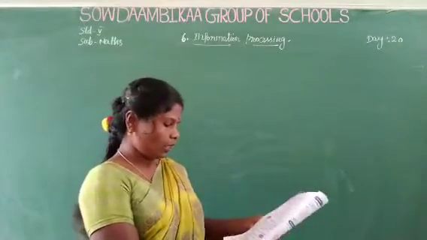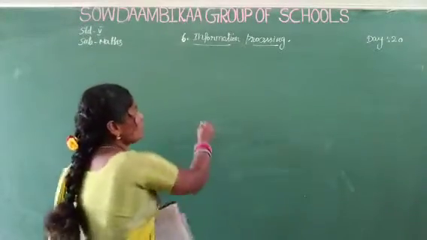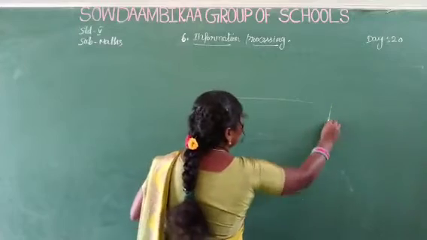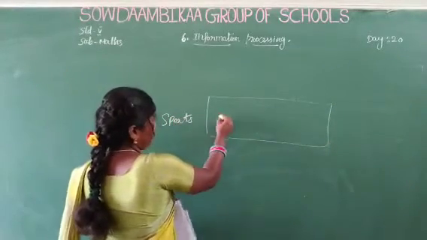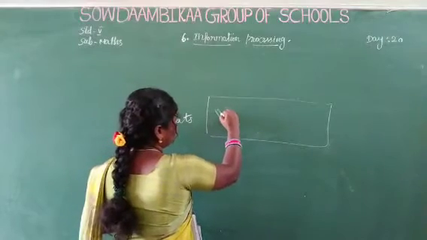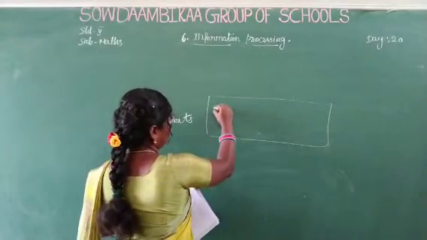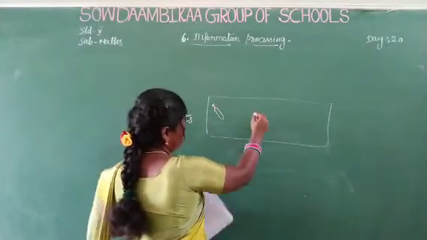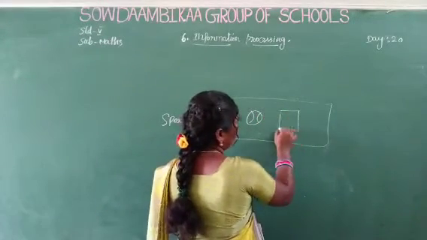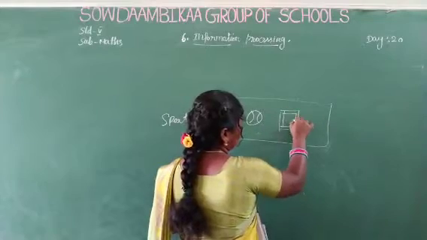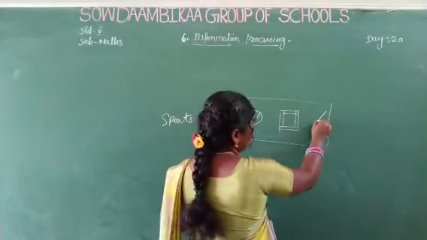Take page number 82 and first write sports articles: bat, next volleyball, next carom board, hockey stick.